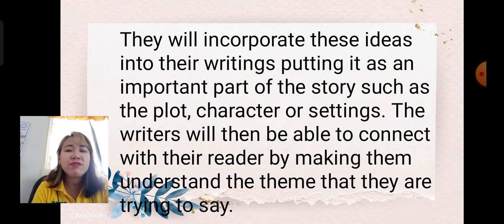You don't just put the names of the character in the story. But meron tayong tinatawag na characterization. So, what is the attitude of that particular character? Ano yung meaning niya? So, ano siya doon? So, characterization na tawag doon. So, at first, binigay muna natin yung meaning ng bawat isa, pero sa mga susunod na lesson, bibigyan natin siya ng deeper meaning or understanding dun sa elements of the story.